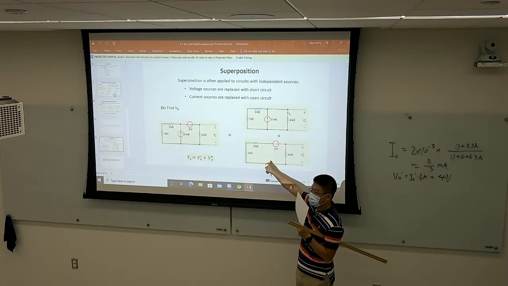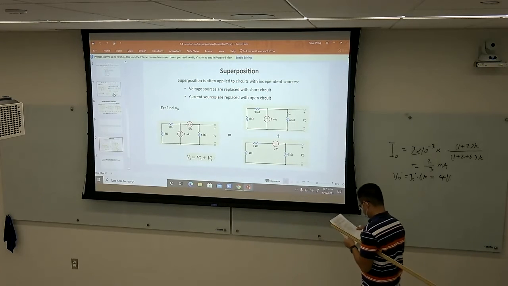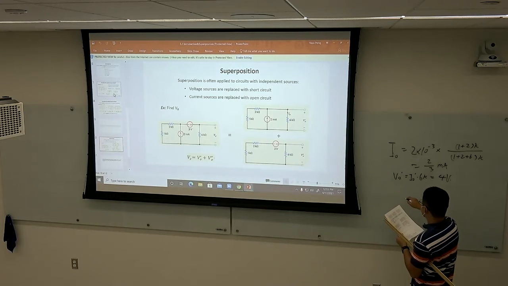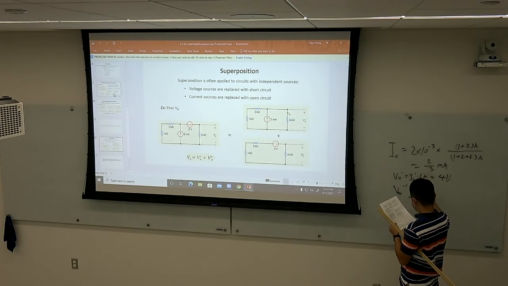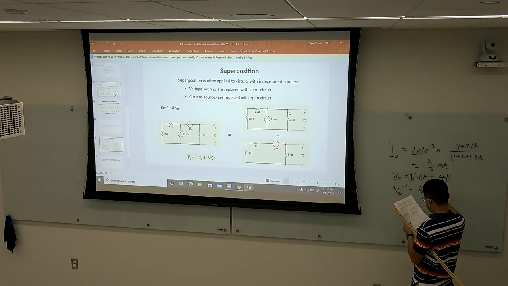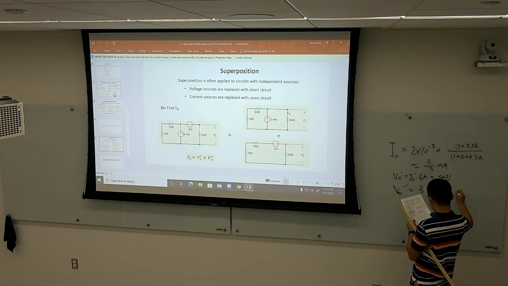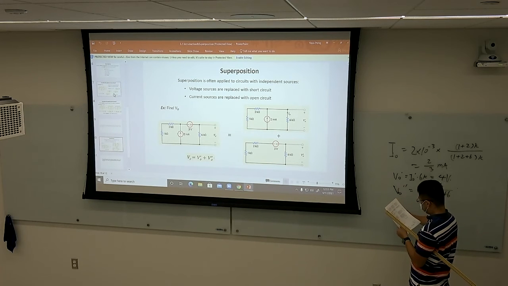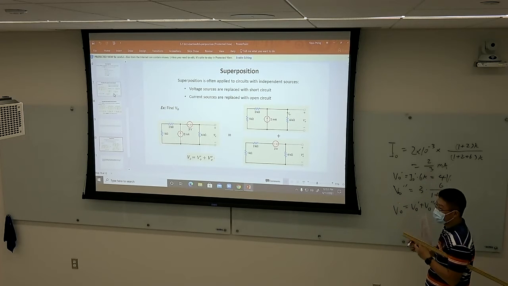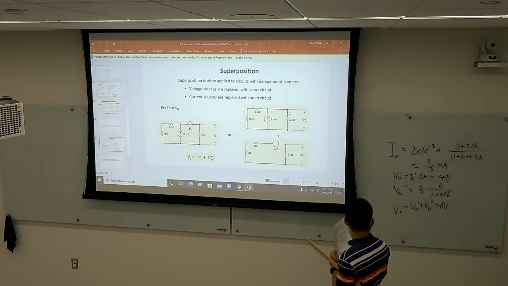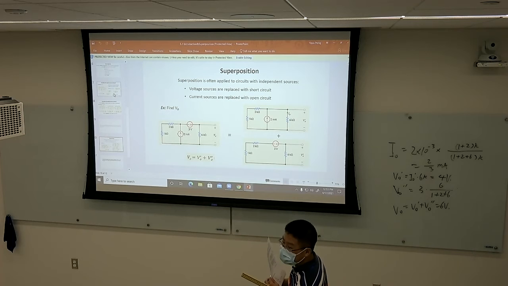So VO double prime equals 3 times 6 over 12, and then VO equals VO prime plus VO double prime, so this equals 6 volts. That's pretty easy, right?